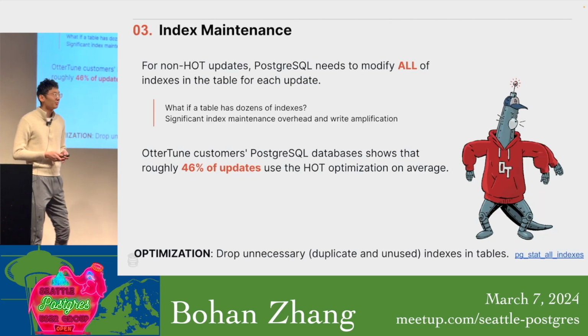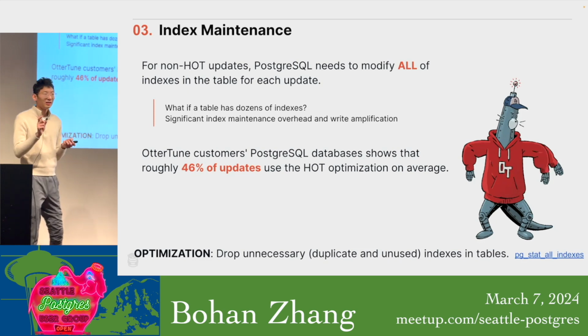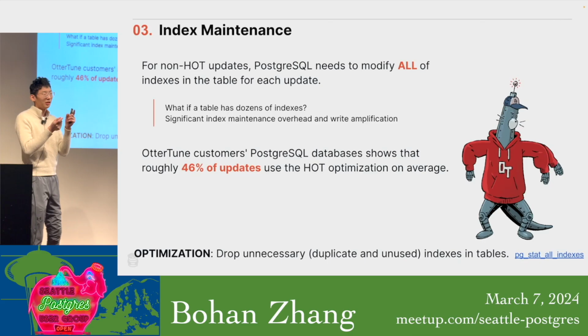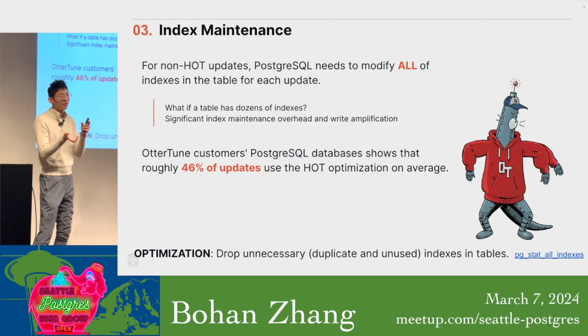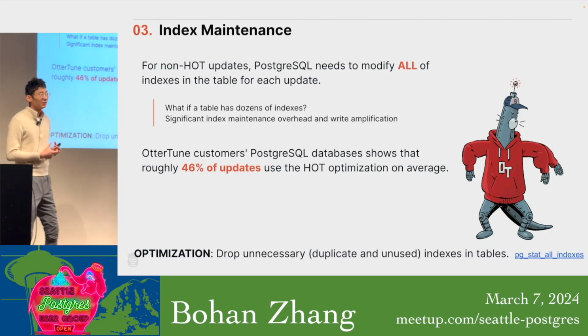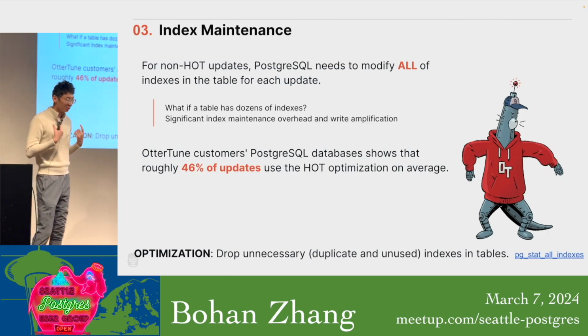Some of our customers just find a slow query and add an index to improve that single slow query, but it actually hurts the performance of all other queries and introduces overhead for maintaining indexes. So when adding an index, you need to be very careful because it can introduce other overhead.